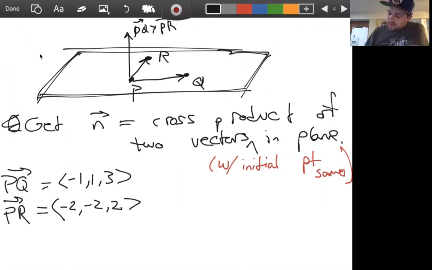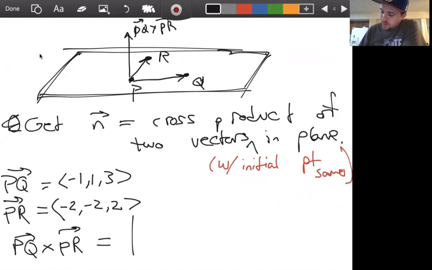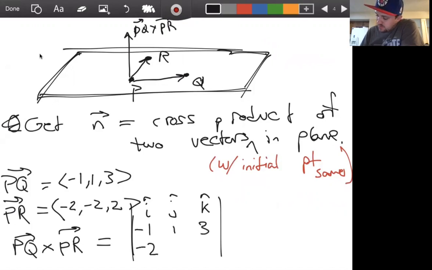Okay, and so let's remember how to compute the cross product. PQ cross PR. Remember, we set up the 3x3 matrix with the first row being the standard unit vectors i hat, j hat, and k hat. And then the second row will be our first vector, so -1, 1, 3, and then -2, -2, 2. So now we have to take the determinant of this 3x3.